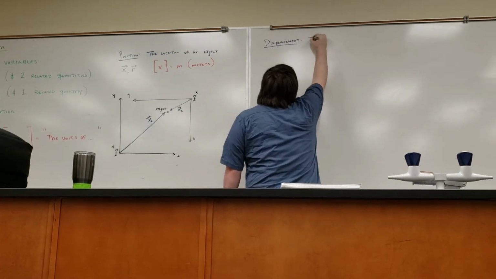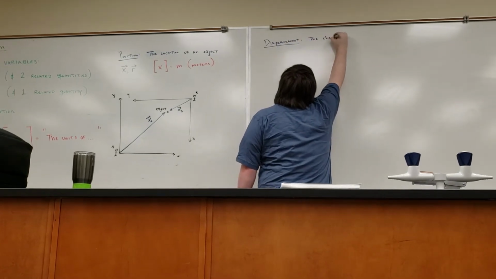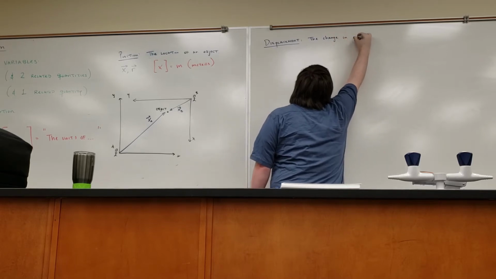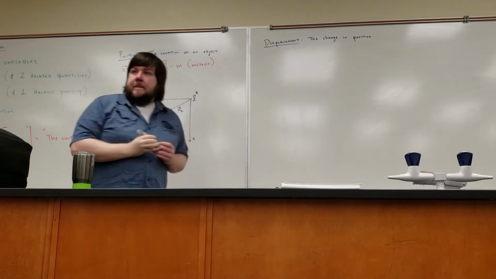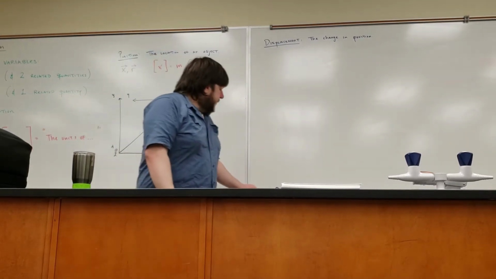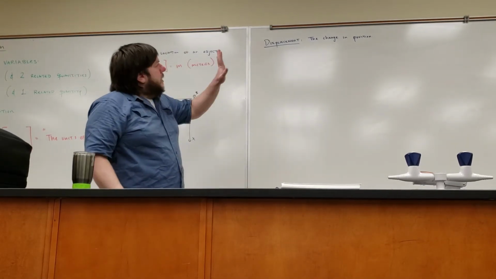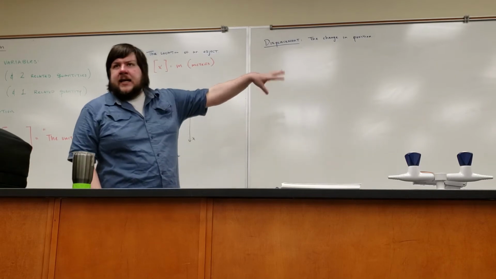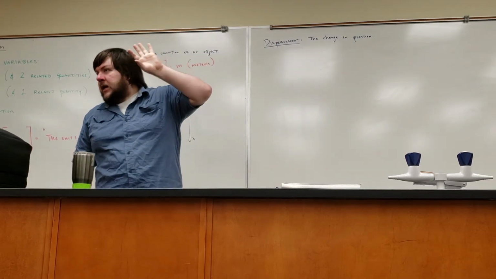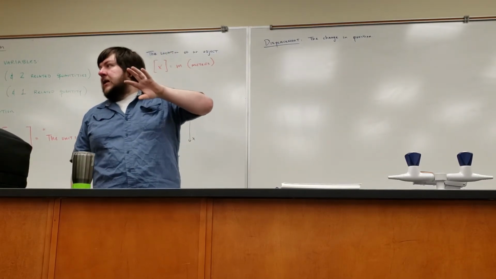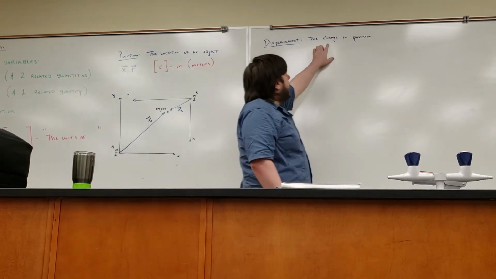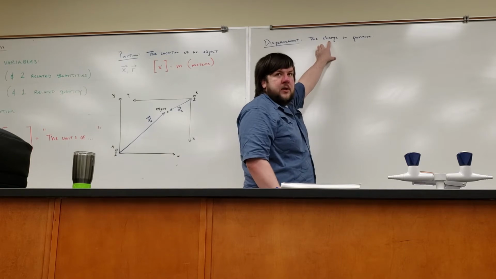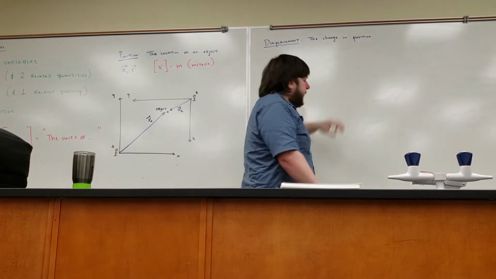Displacement is the change in position. Anytime you take a science class and you're describing a change in something, scientists tend to use a specific notation. Do you know what symbol we use for change? Delta. It looks like a triangle, right?